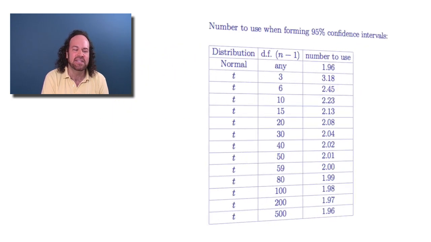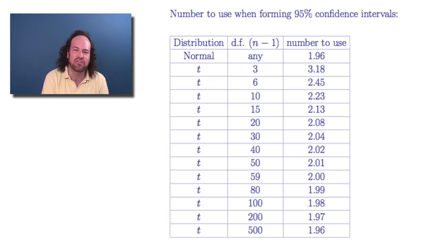Well, here's a table which gives some of the values, which you can look up in a book or you can get the computer to tell you. And they say if you're making that 95% confidence interval, well, for the normal, you use that number 1.96. For a t-distribution, you have to use slightly larger numbers because we have slightly more uncertainty, so we need a larger interval before we're just as confident. But the amount you need, which is larger, isn't that much larger. Even with only 3 degrees of freedom, okay, well, it's from 1.96, instead you need 3.18.